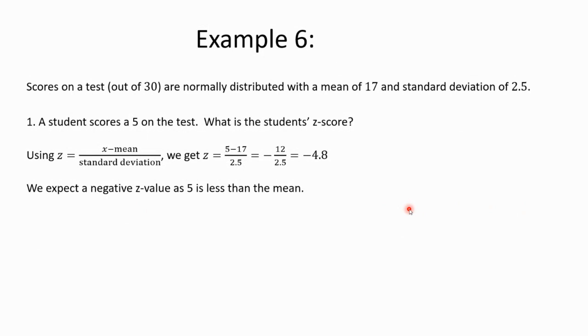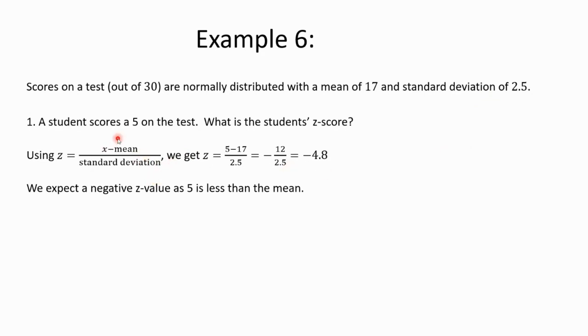So now the question is, suppose a student scores a 5 on this test. What is the z-score? Well, again, we have the mean, we have the standard deviation. So let's calculate it. We just use the formula from before.